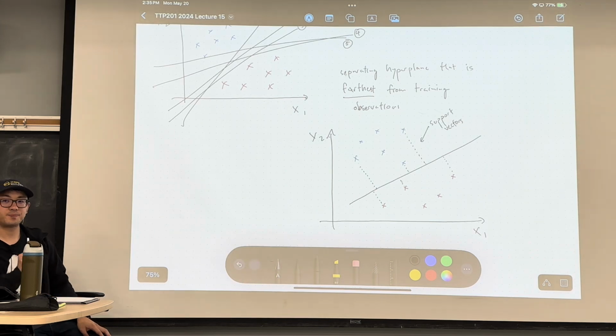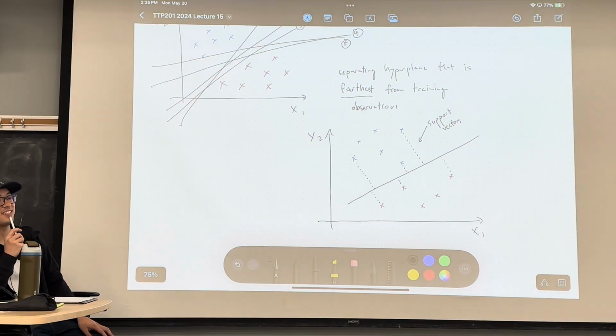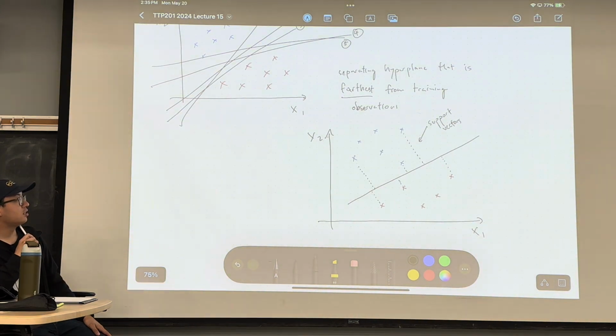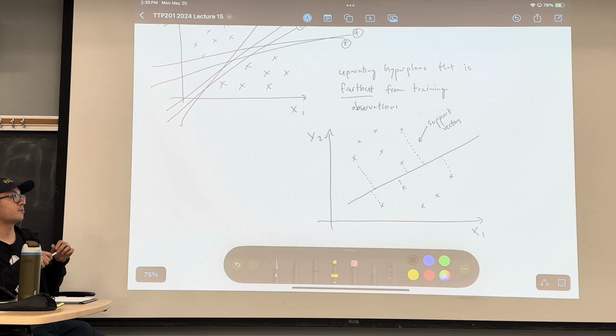Does this only work when we're doing 2 groups? Yes, you're ahead of the curve today. You can do this for more than 2 categories, but you would need more than one hyperplane.